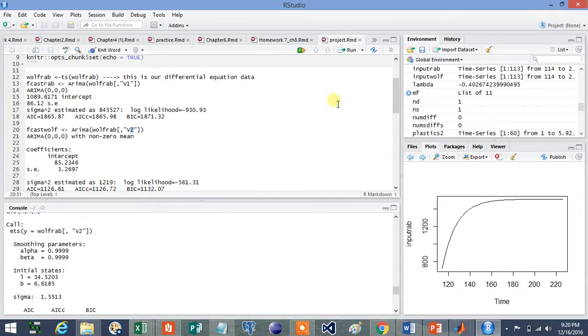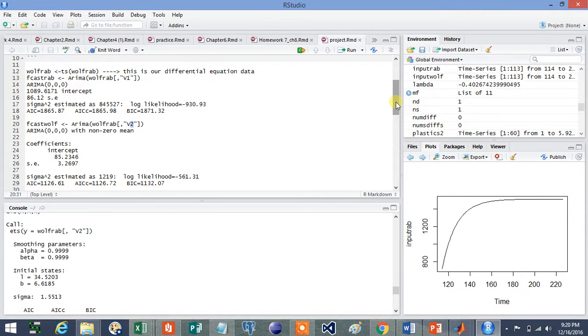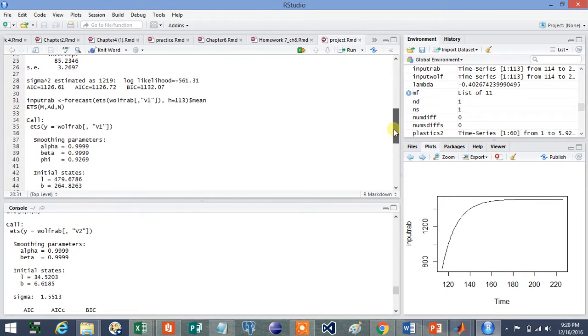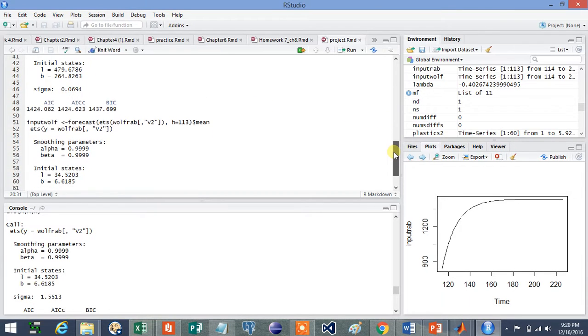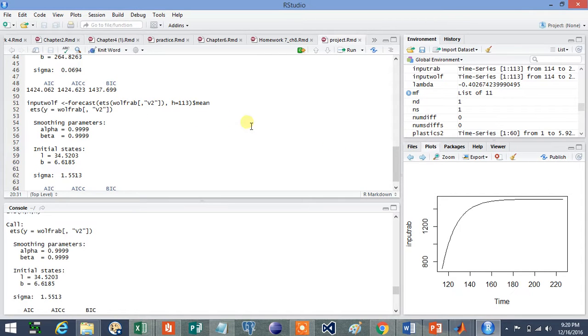And using that time series, I then forecasted out 113 periods, which I just showed you, using ARIMA and using the ETS model. The ETS model, as you can see, has the multiplicative, the additive, and then not part because it's not seasonal for each the wolf-rabbit data.